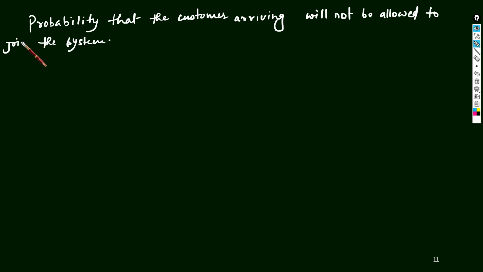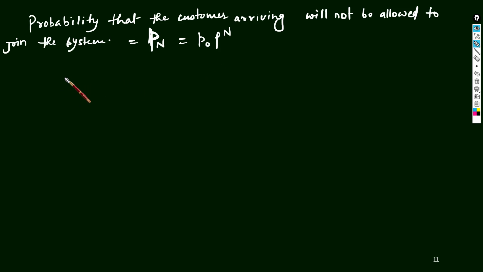Actually they are forced to leave the system. That is correct. So that will be Pn, because that is the probability that there are n customers, and that will be the probability that the customer will not join the system. So that is Pn, and we know what is Pn, P naught into rho to the power n.